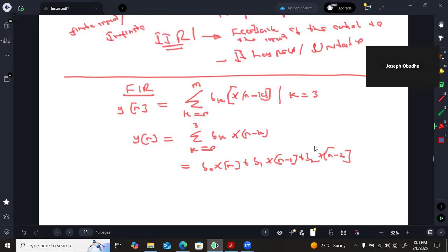So long as n lies between 0 and M, the outputs would be defined by the coefficients of this. Okay, so now we have y of n equal to this expression.